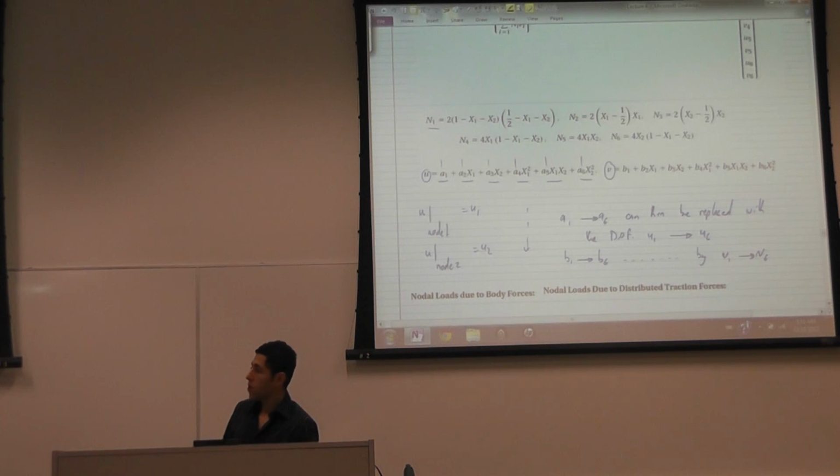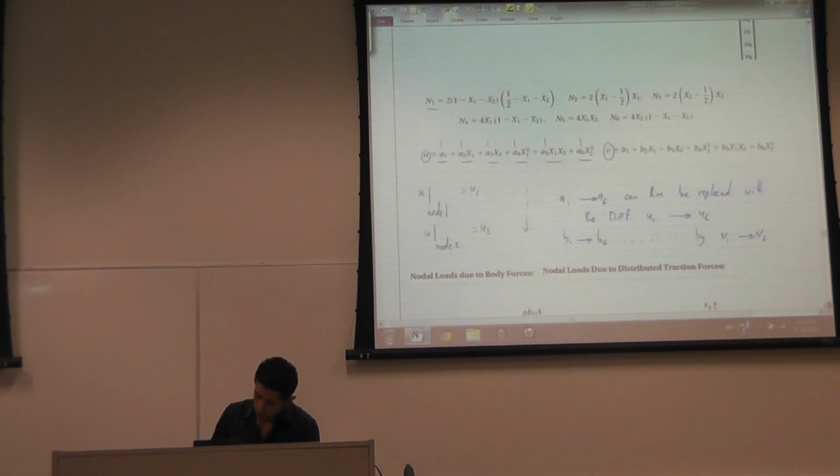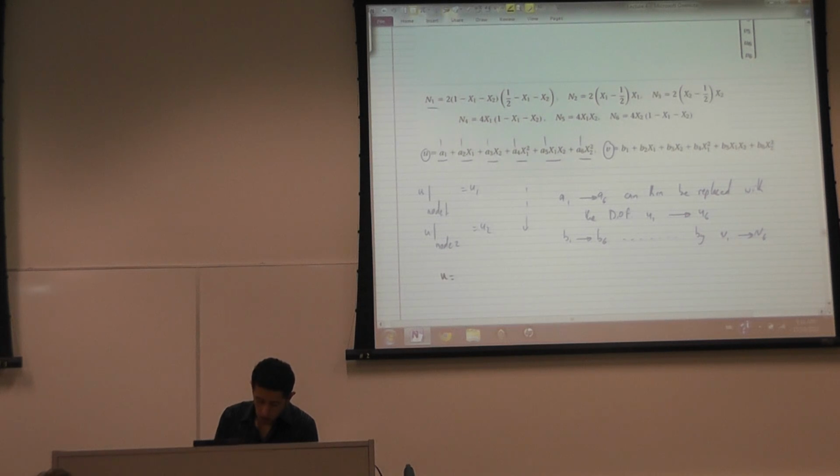So this is one way of finding the shape functions, and now I can write u equal to U1 multiplied by N1 plus U2 multiplied by N2, and so on, up to U6 N6. And v is equal to V1 N1 plus V2 N2 plus all the way up to V6 N6.